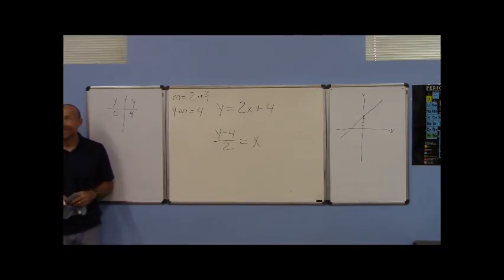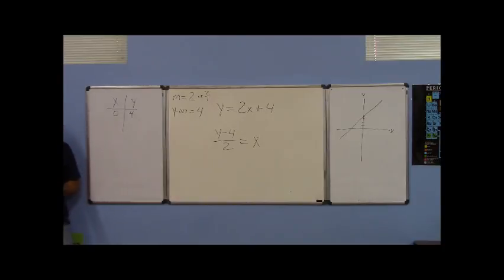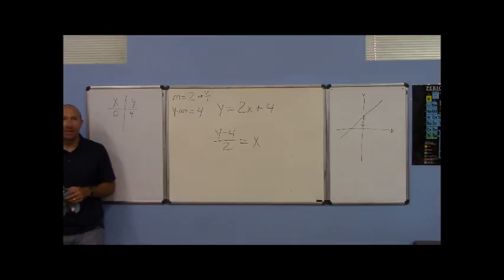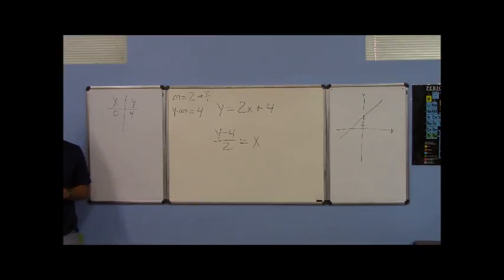How did we find the y-intercept? I don't remember it, which is amazing because we talked about it literally 3 minutes ago. How did we calculate the y-intercept? What did we do?